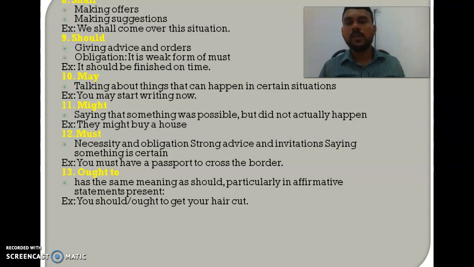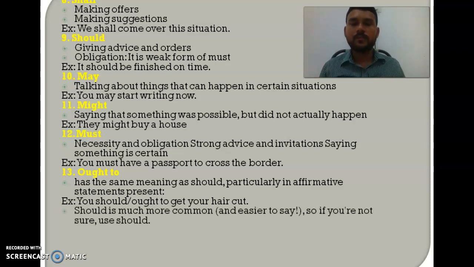But people don't use, you ought to get your hair cut, because we are not used to using ought to. In a formal way, we say you ought to get a haircut. But we are only used to using the word should. Should is much more common and an easier way to say it. So if you are not sure about using ought to, you had better use the word should.